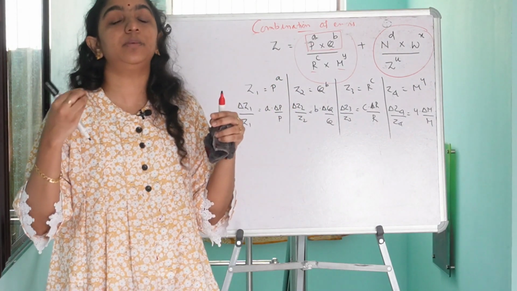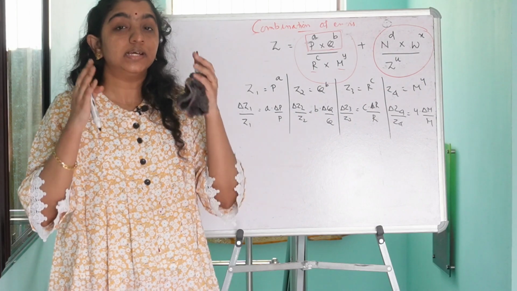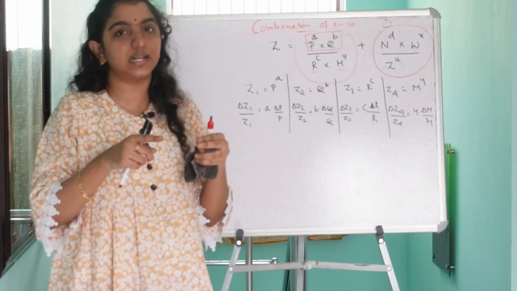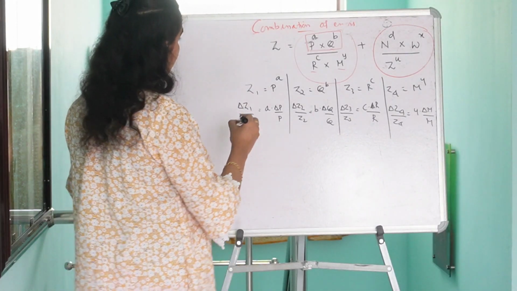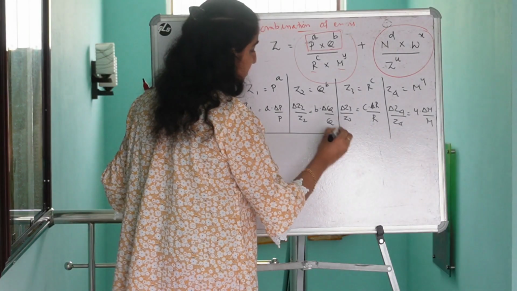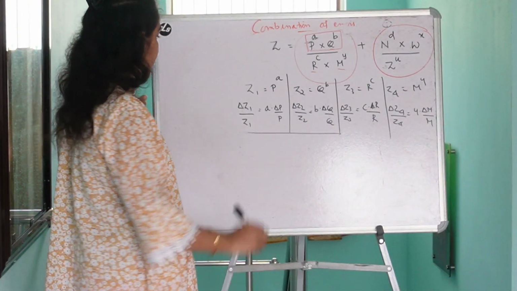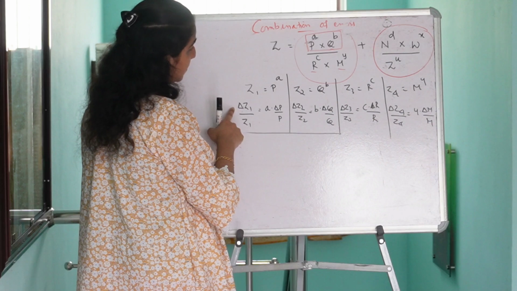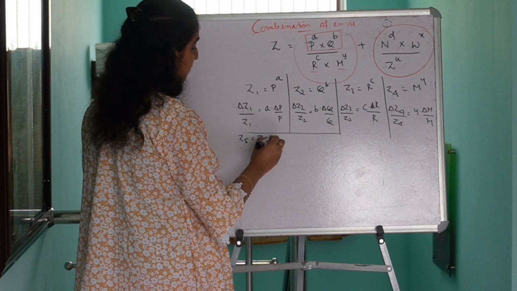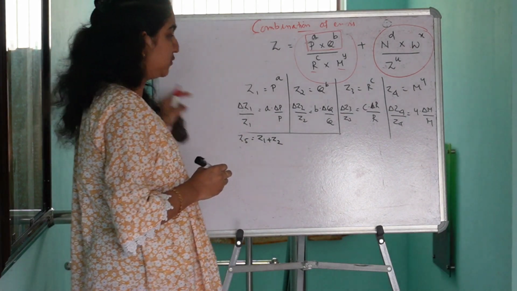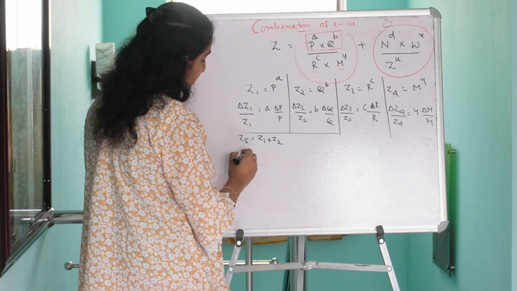When we are multiplying two physical quantities, the relative error in the resultant is connected to the relative errors in the individual measurements. So here I have to consider these two terms only. Let us assume Z5 is equal to Z1 times Z2.